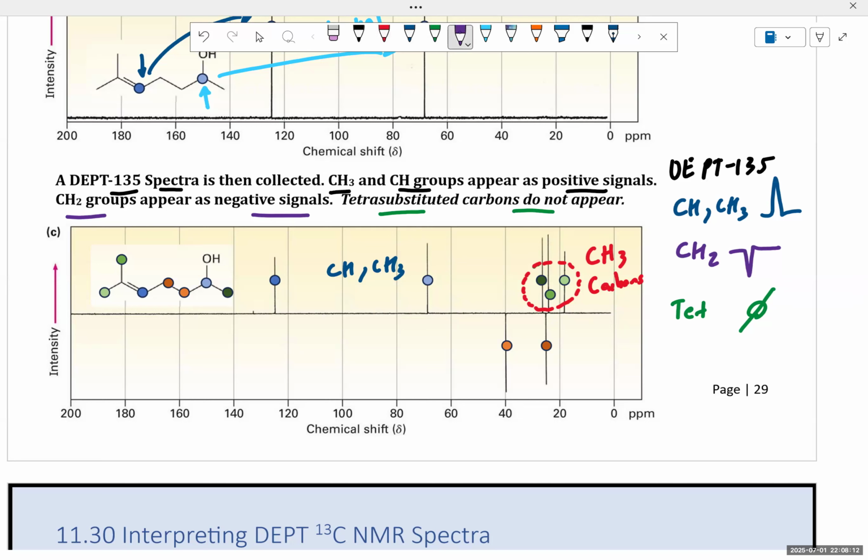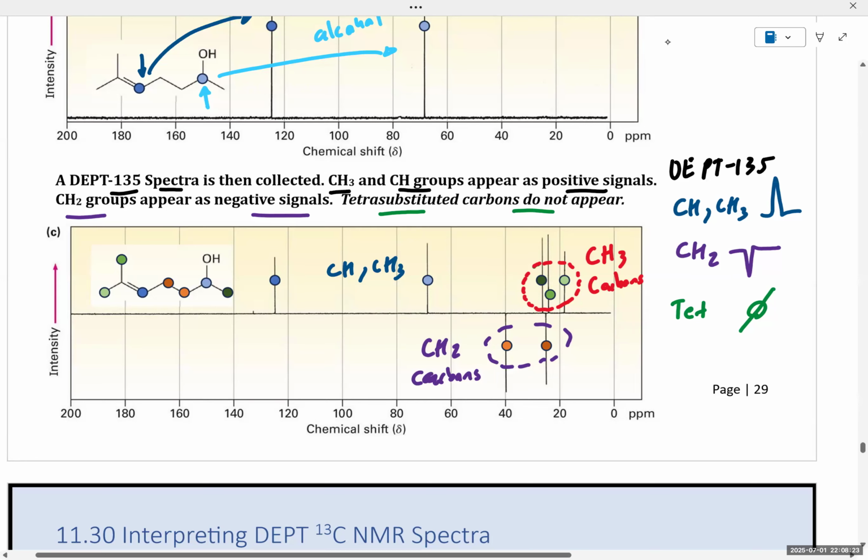By the same token, the negative signals that appear are the CH2 carbons. So DEPT NMR spectroscopy allows you to differentiate carbons based on their substitution patterns.